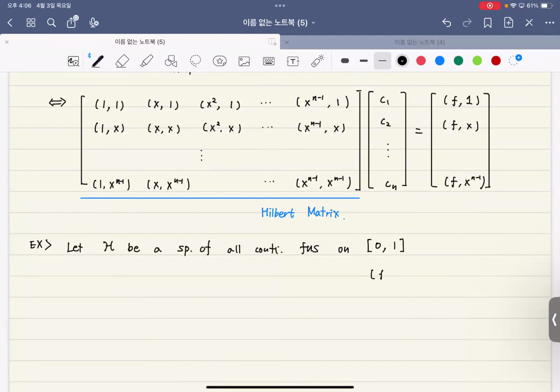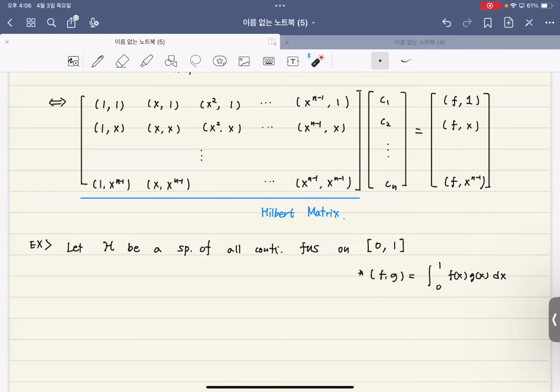In this case, the inner product must be the integral not from minus 1 to 1, but from 0 to 1. Defining such an inner product makes no problem, because it satisfies all three axioms for an inner product. It is commutative, so you can swap f and g. It is linear. And the inner product of f with f is always positive, and equals 0 if and only if f equals 0, the zero function. So this is an inner product.